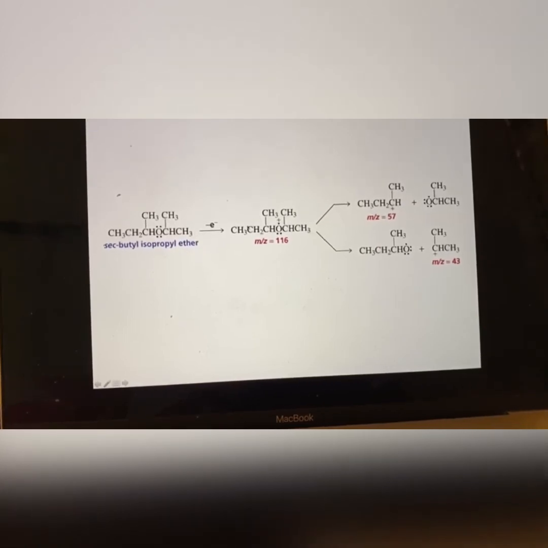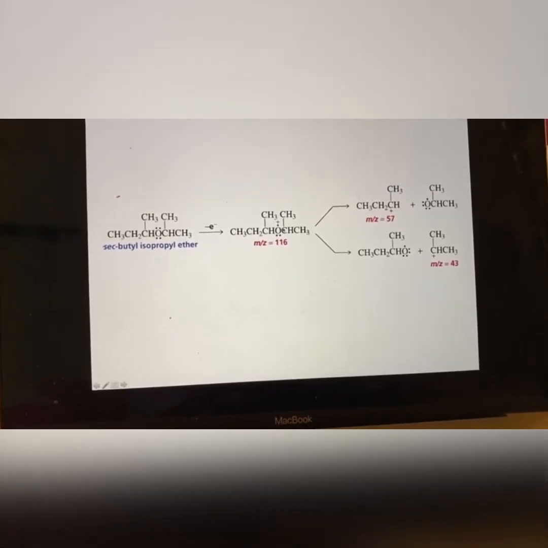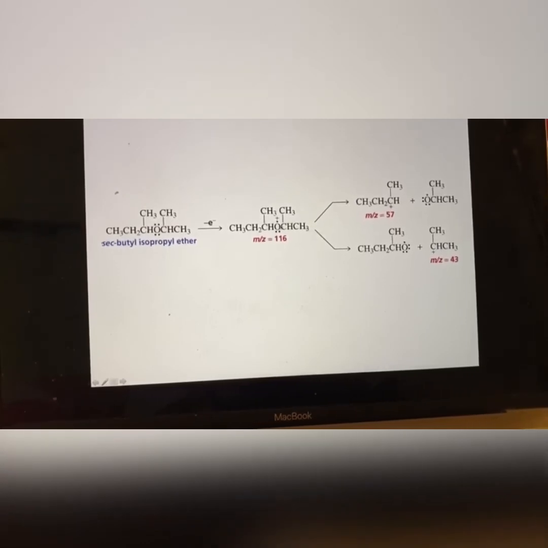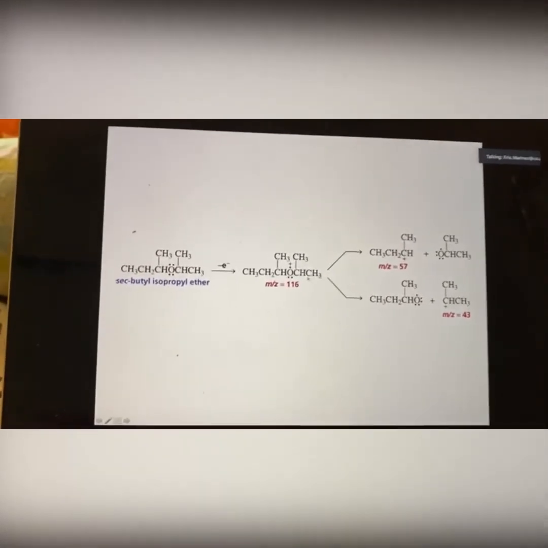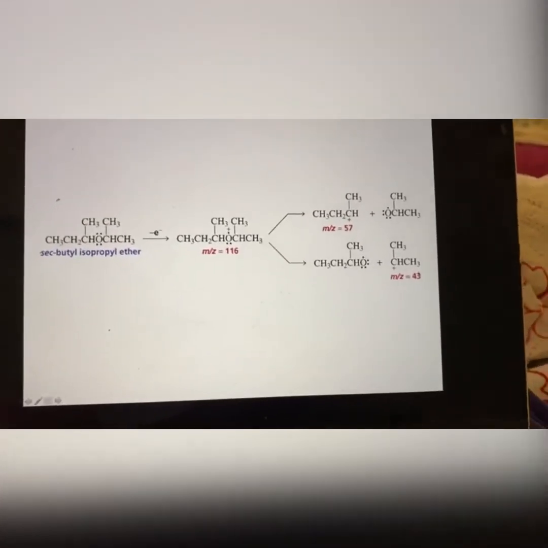So this is not alpha cleavage, this is not beta cleavage. It's basically cleavage of a polar covalent bond. I could also break this O-carbon bond in the opposite direction, again going toward the more electronegative element, in this case oxygen. If I push this bond this way, I generate this system here, and I generate a secondary carbocation at m/z 43.